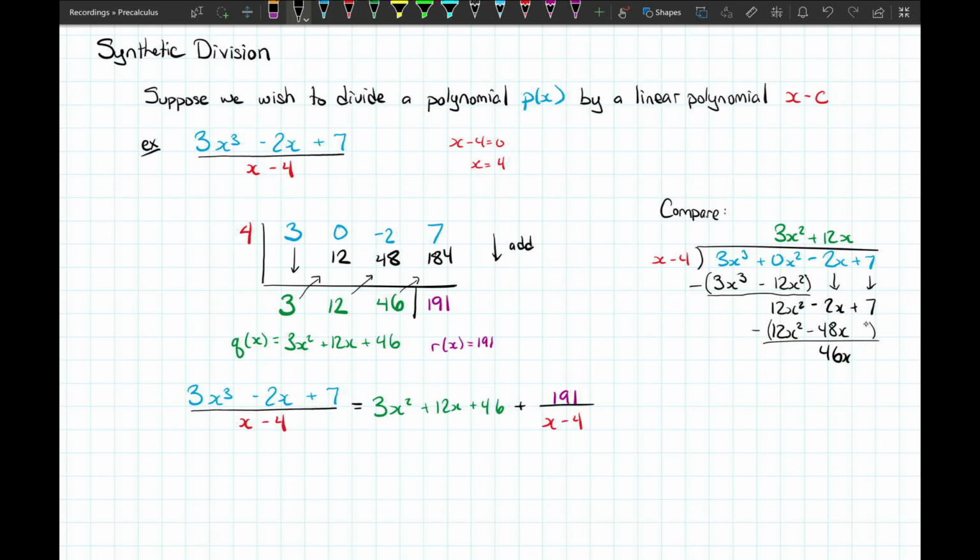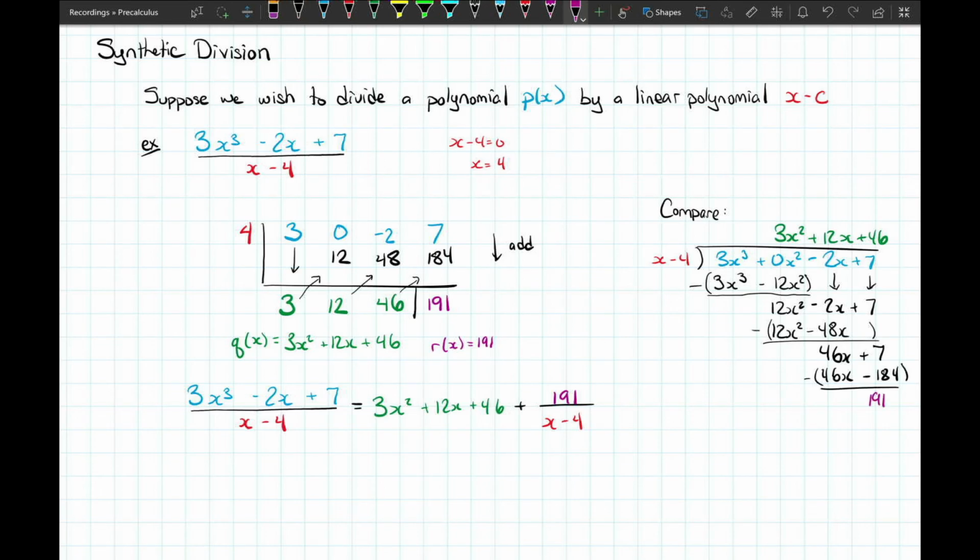We'll bring down that 7. 7 minus 0 is simply 7. And then we end up with, well, 46x divided by x is just 46. You can see that's going to be the last term in our quotient now. We still have to do the rest of the work for long division, though. 46x minus 184. And then when we subtract, we'll get that remainder.